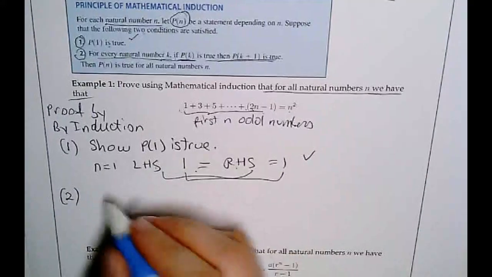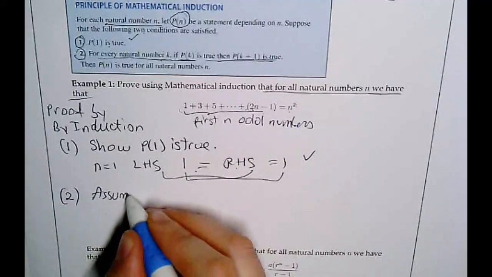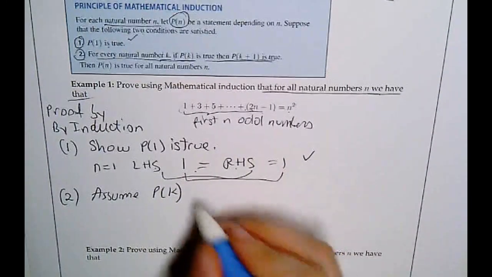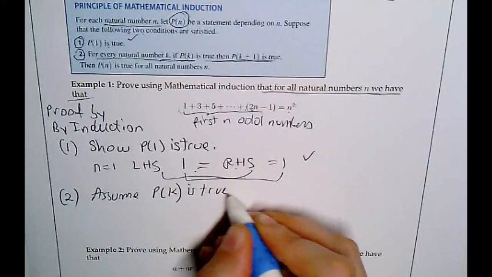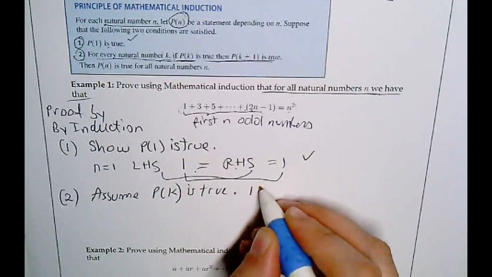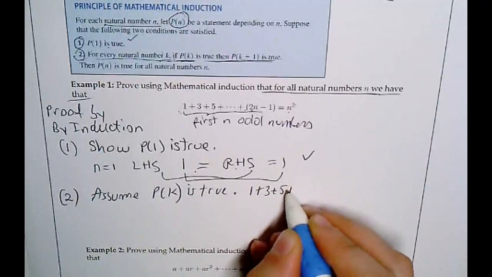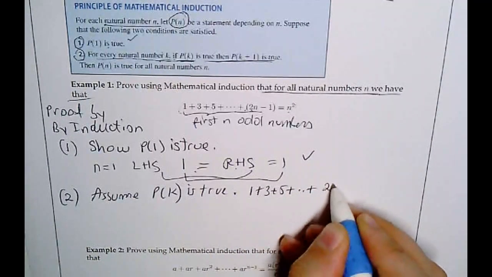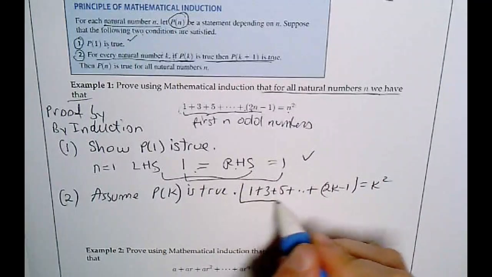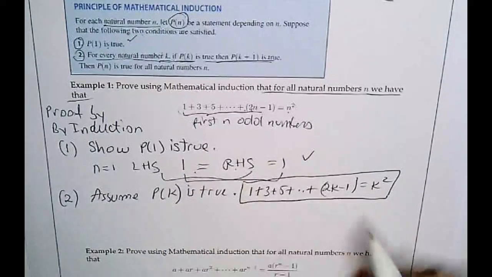Now we're going to assume that the statement holds for n equals k. So this is assumed to be true. What is assumed to be true? It's assumed that 1 plus 3 plus 5 plus ... plus 2k minus 1 equals k squared. So I can use this statement as true.